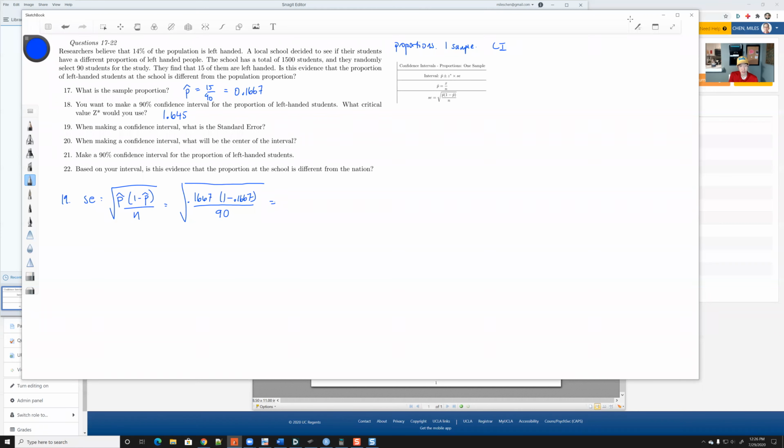Just be careful and make sure you identify these numbers correctly. Here there is 1,500. This number is just to throw you off. Make sure you divide by 90, not 15. N is equal to 90, and your x is 15. If you divide by a different number, you're going to get the wrong answer.